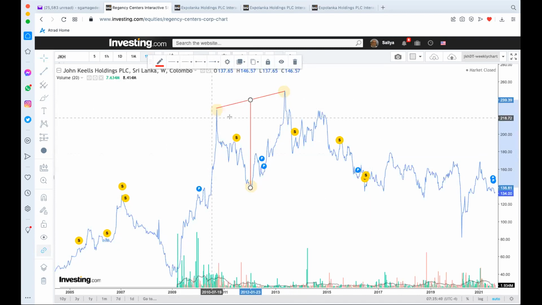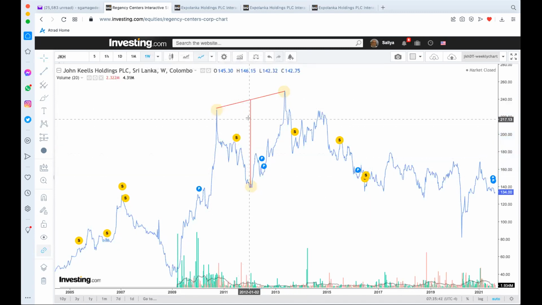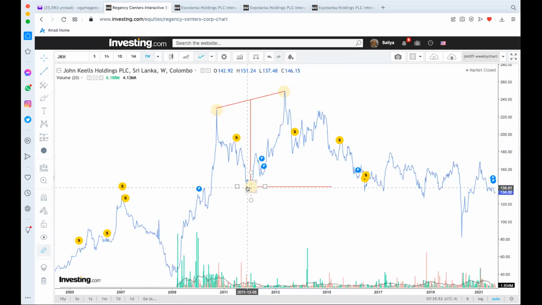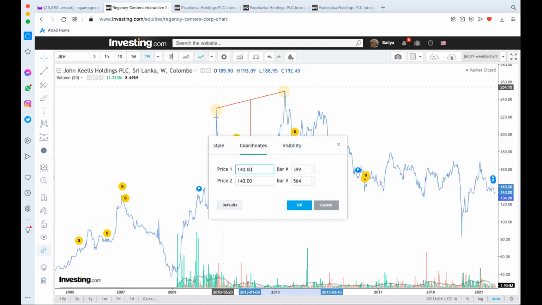Now this is the projected area. Before doing that, we will have the horizontal line, right? The value I will be giving is the closing price of January 9th, 2012, which is at 139.75.